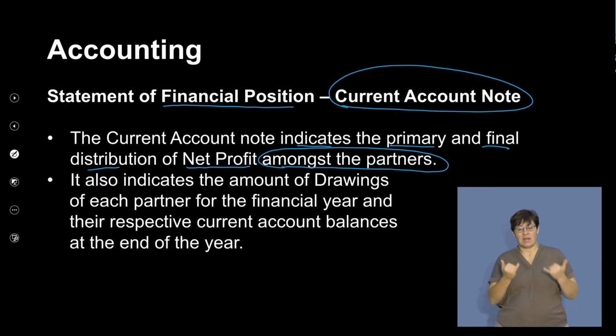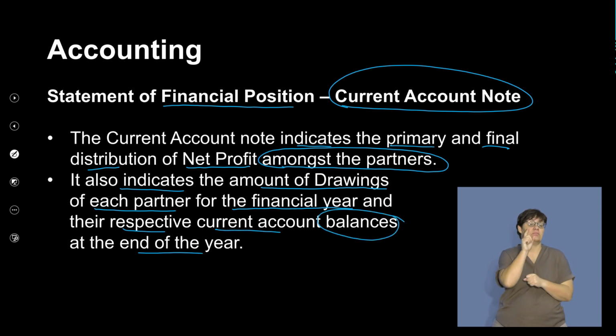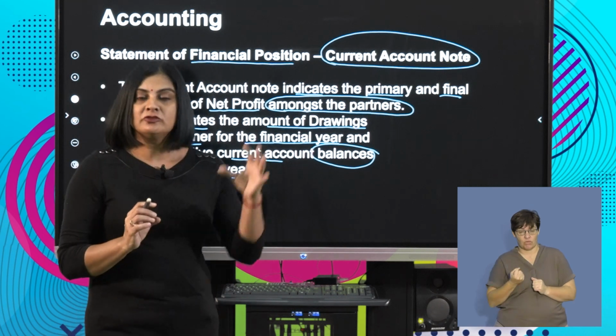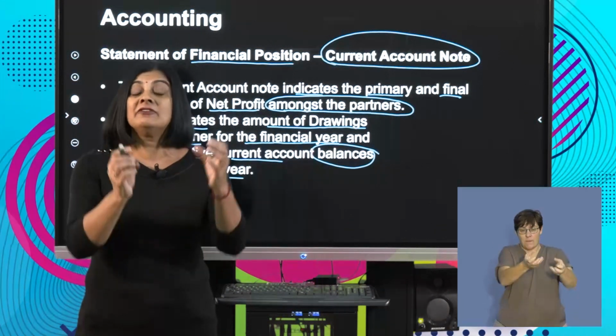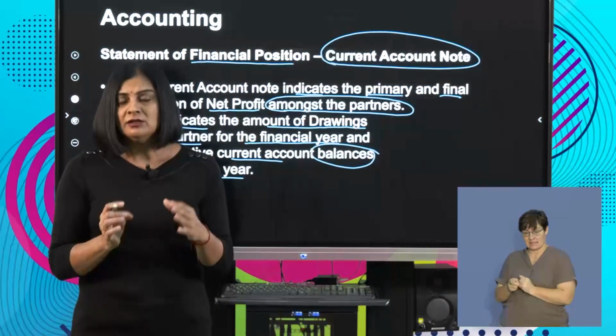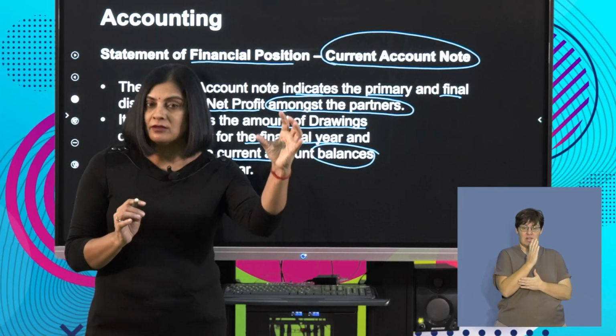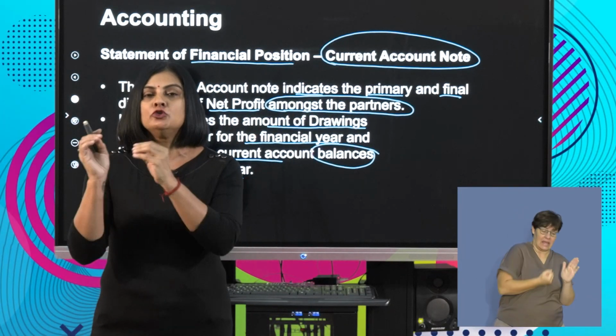Right, what else does the current account note indicate? It's also going to indicate the amount of drawings of each partner for the financial year and their respective current account balances at the end of the year. In other words, drawings: how much for the year they've taken from the business, and then at the end of the year, remember we discussed this in the previous lesson, what you were entitled to take versus what you've taken.